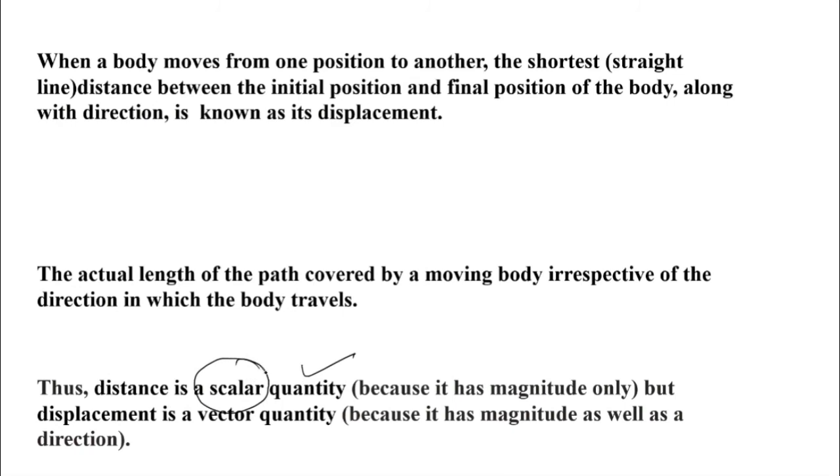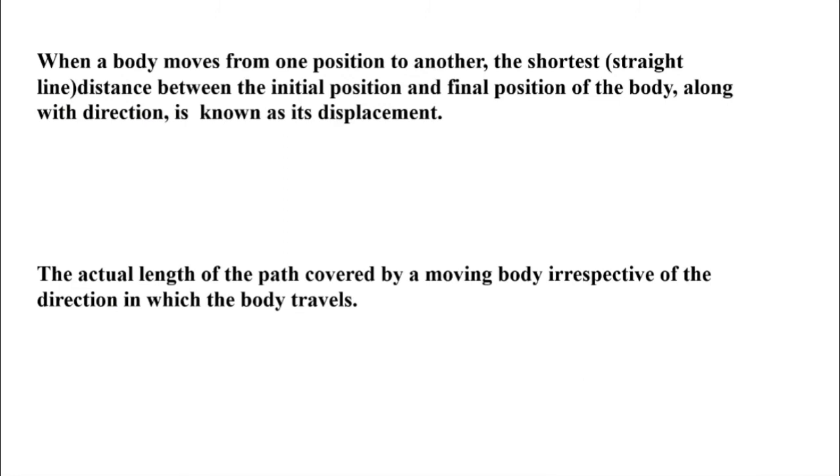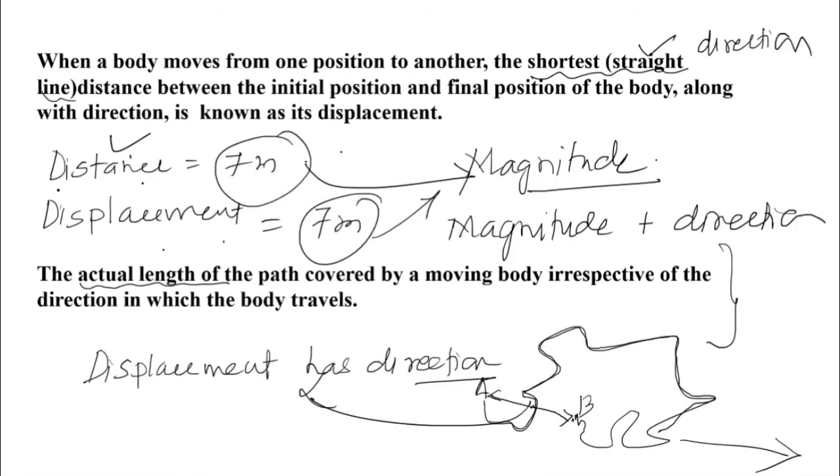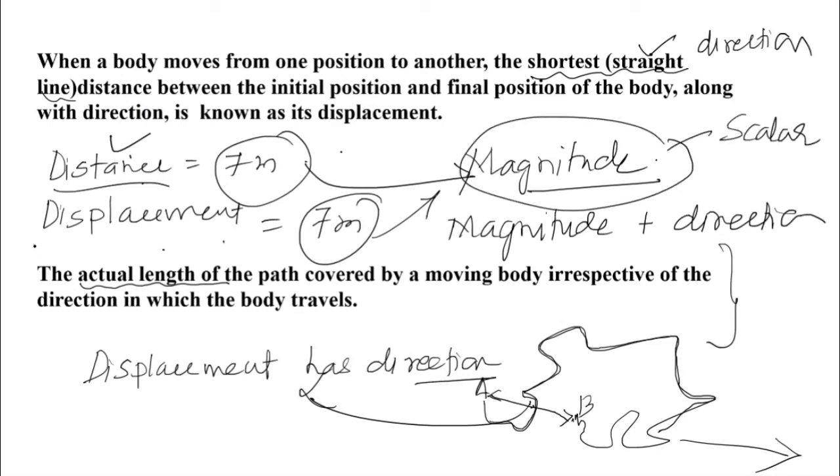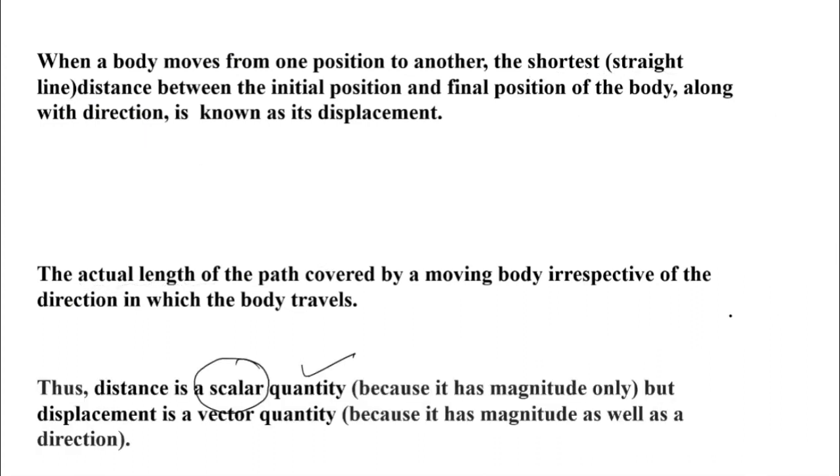I'll take up this discussion in the next video tutorial, but for now please remember that any physical quantity which has only magnitude is scalar, and a physical quantity which has magnitude and direction is a vector. So now tell me, which is a vector? Displacement is a vector quantity.